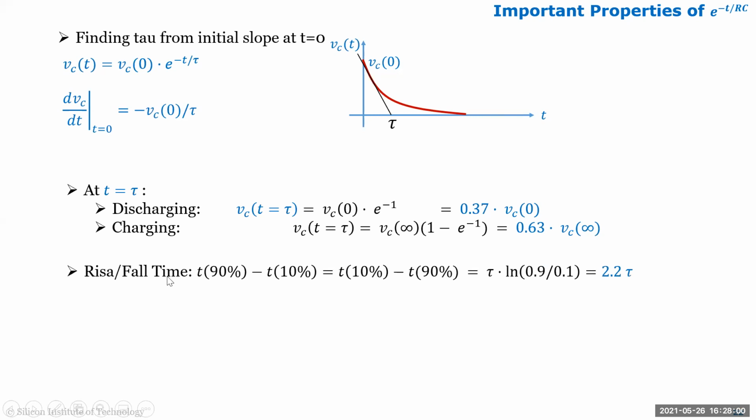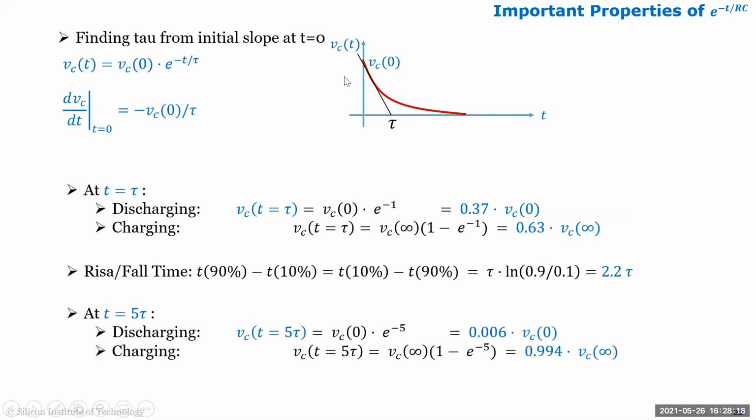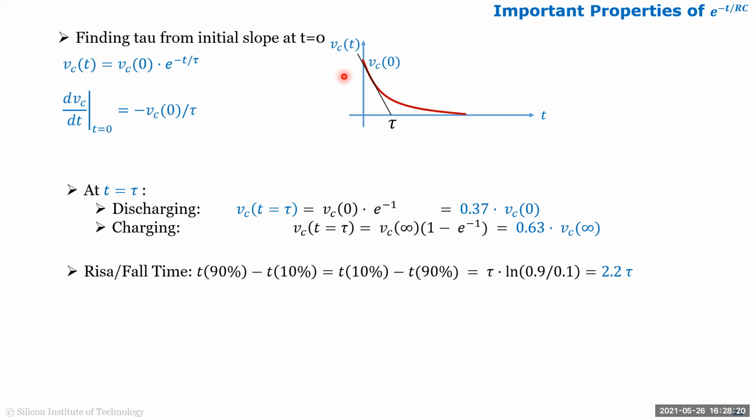Rise time, fall time, this is something you use a lot in doing characterization of your digital design. So if you know that it is an RC system, rise time and fall time are measured from 90% to 10%. So let's say this is the fall time. One second, let me switch. So you find out the time difference from 90% of the peak value to the 10% of the peak value.